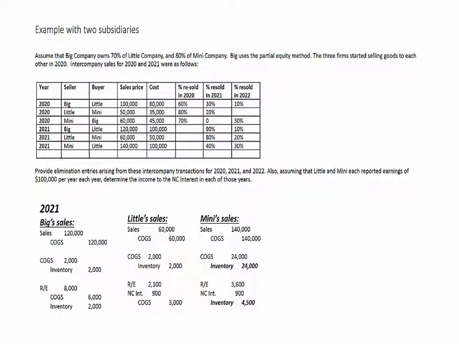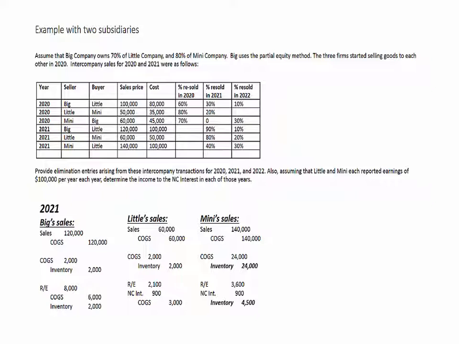Again, in 2021, Mini had a $40,000 gross profit on their sales, 40% of which was realized, 60% of which was unrealized. We're carrying forward $24,000 from our 2021 sales. In addition, the $4,500 in the last entry, that's the 30% of the $15,000 gross profit in 2020 that's still being carried forward.